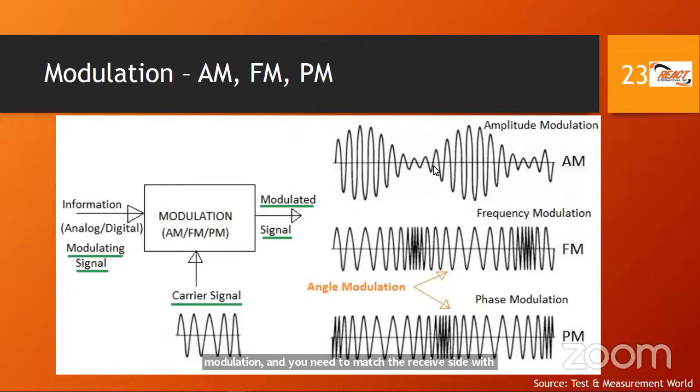Because if you try to listen to an AM transmission in FM mode, well, you might hear a little bit of stuff, but it's the fidelity. You may not be able to make out what the person is saying. You might be able to know that there's a signal somebody is transmitting. So you need to know the mode or the modulation: AM, FM, PM, amplitude modulation, frequency modulation, phase modulation.